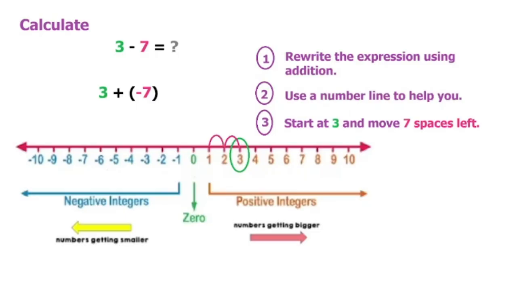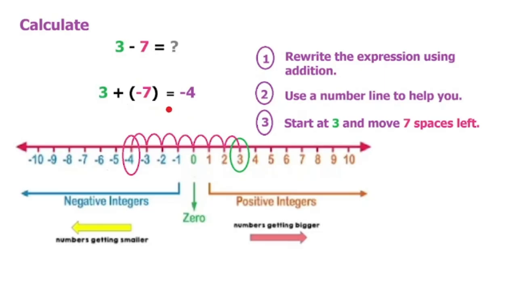So there's 1, 2, 3, 4, 5, 6, 7, and we end up at negative 4. So the answer to this problem, 3 plus negative 7 equals negative 4.